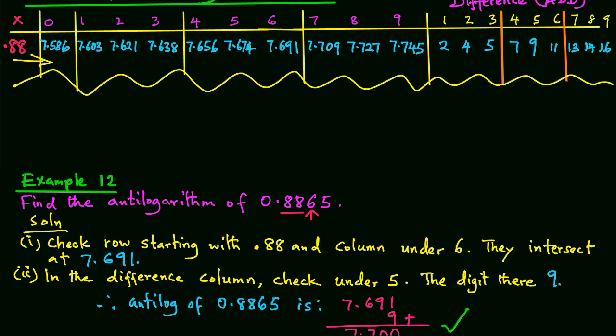So 0.88 is here, under 6 we have that. The row and column intersect at 7.691.